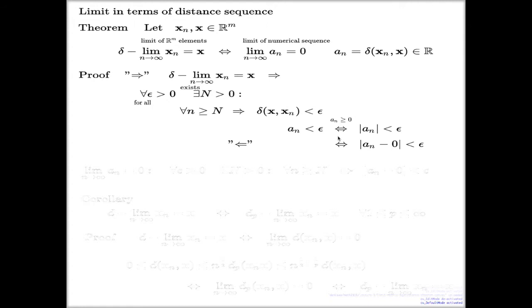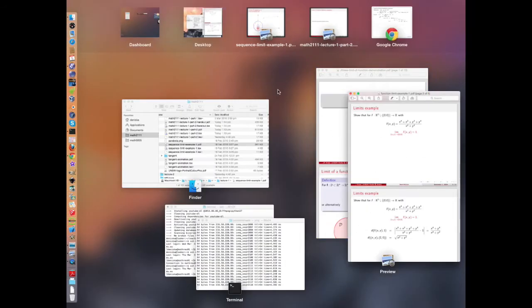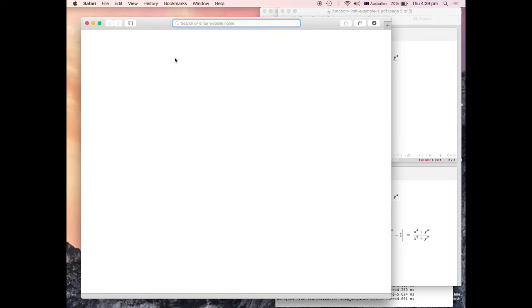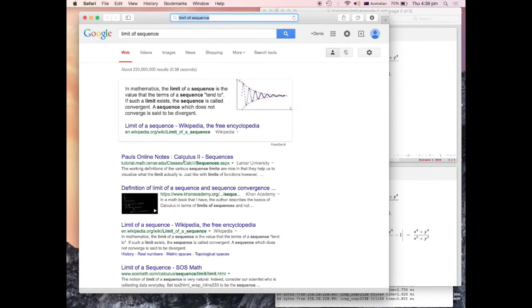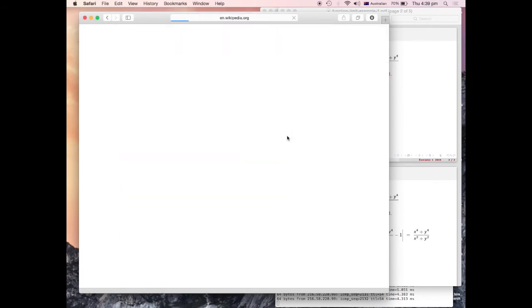Yes? I was just wondering, why do you need to minus 0? Can't you just do this a n? You can, but if you check the definition of the limit of a sequence, I don't have a first year book, but we can go to Wikipedia. Limit of a sequence.